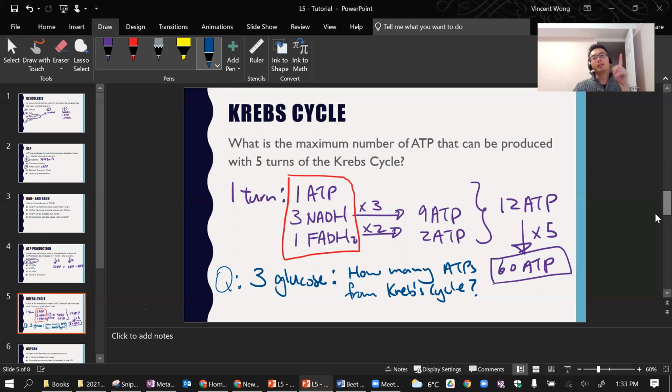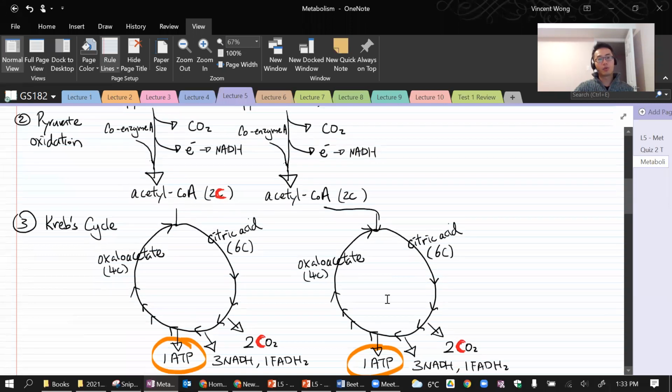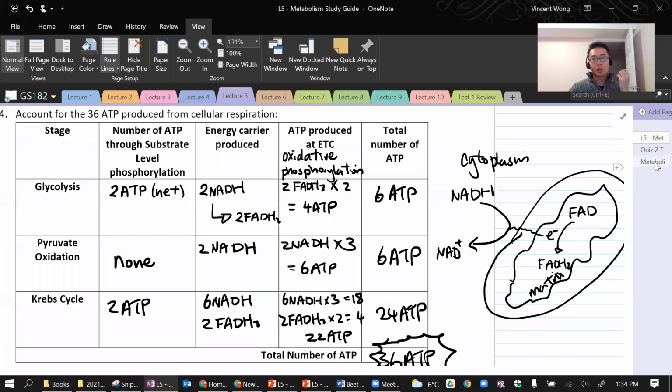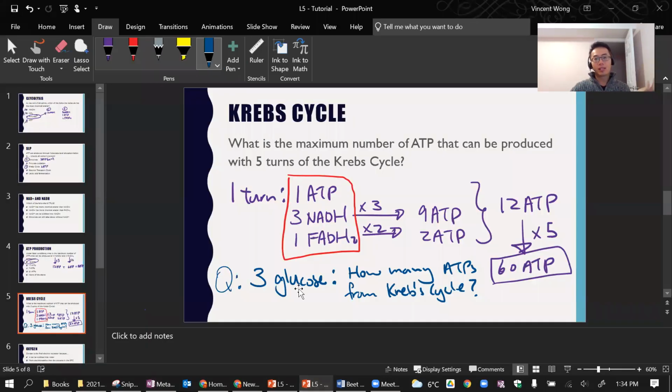1 glucose, how many spins? Yeah, so Safi said in the chat, 1 glucose has 2 Krebs cycles, right? Remember in the notes, 1 glucose splits into 2 pyruvate, and then you will do the cycle 2 times. So if you have 3 glucose, how many turns is that?